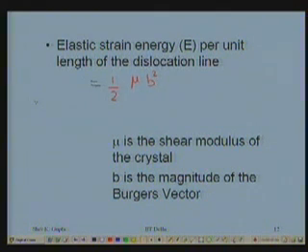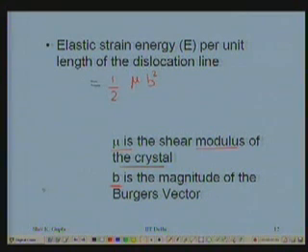That's the energy of the dislocation line per unit length. Multiplied by the length, you will get the total energy stored in the crystal. What is mu? Mu is the shear modulus of the crystal. b is the magnitude of the Burgers vector.